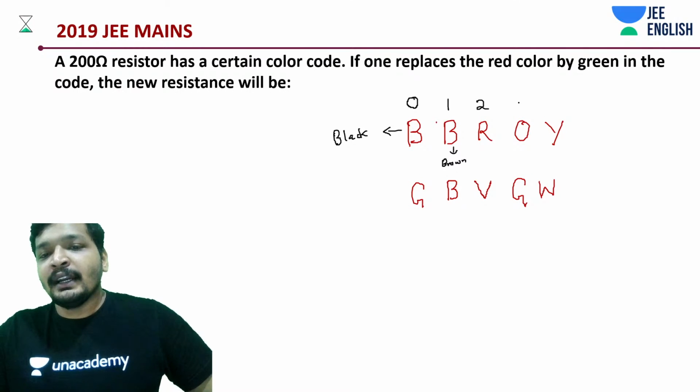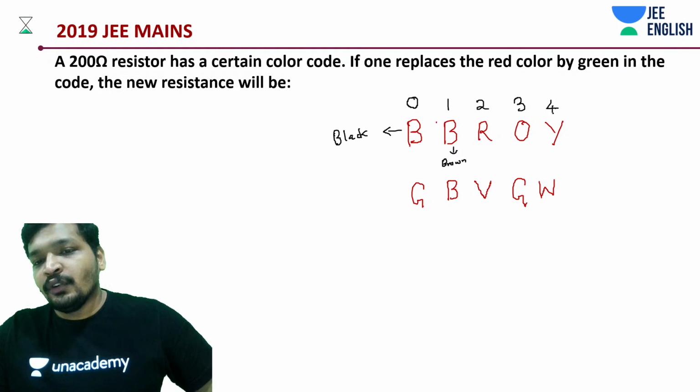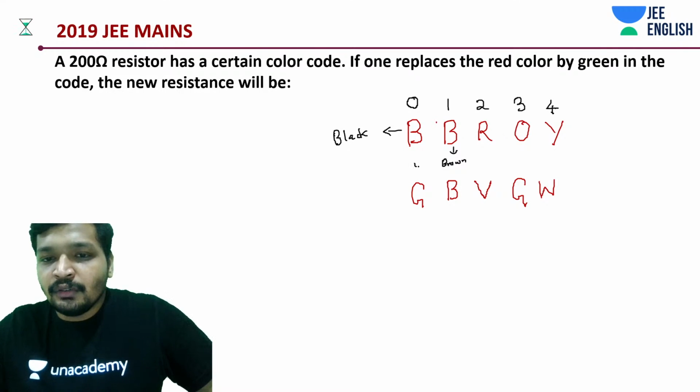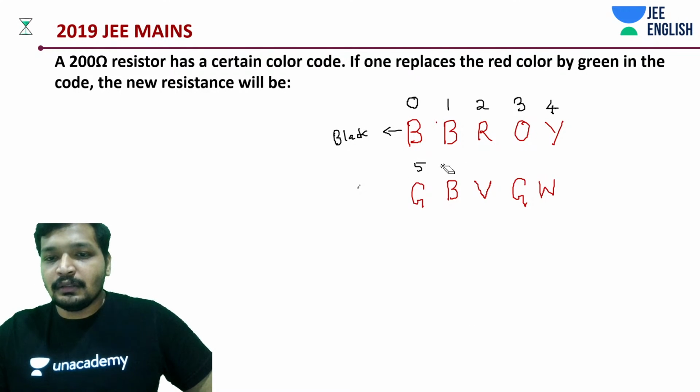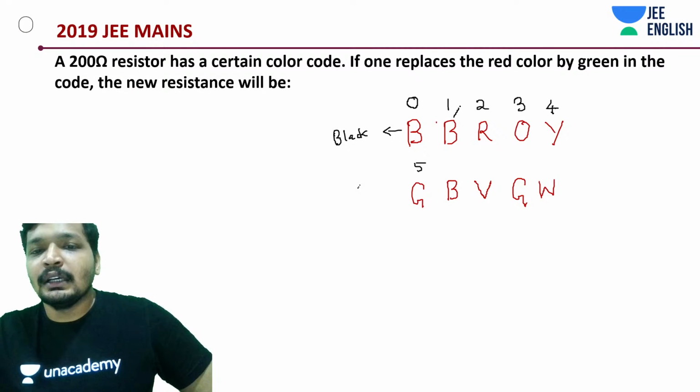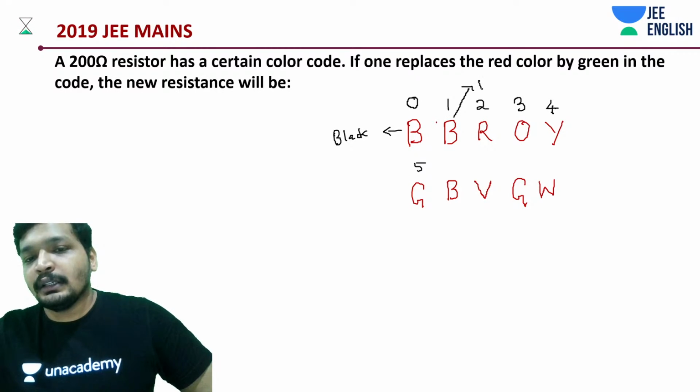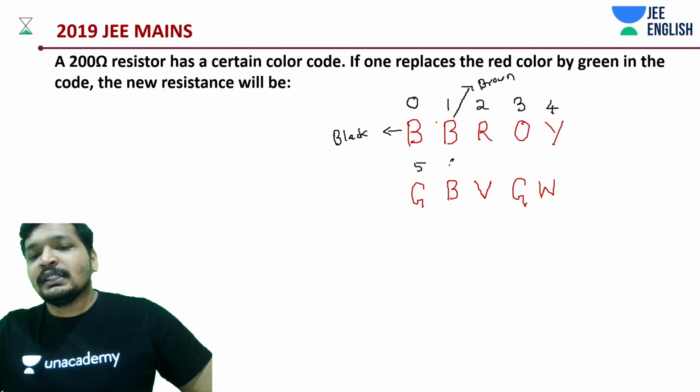Then we have red, then orange, then yellow. Get into the habit of writing it down in 2 lines. It's brown, you know this. This is blue.